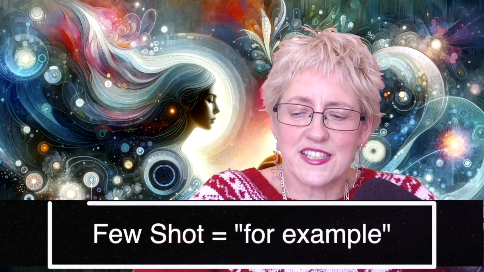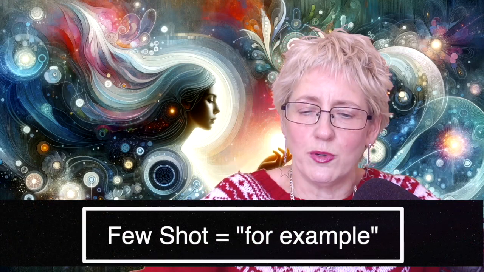Once those 4 have been done, I move into few shot prompting. Few shot prompting is giving the AI an example. Here's an example of a script that we did last week on how to put a pool into the garden. Please write a script in the same style on how to build a retaining wall.